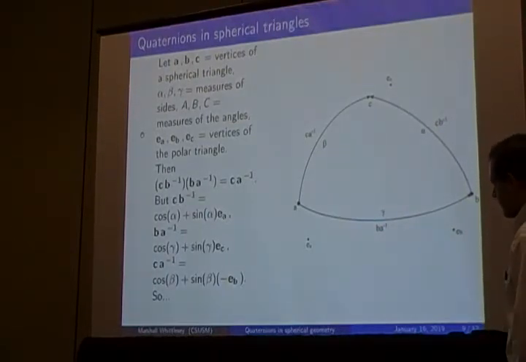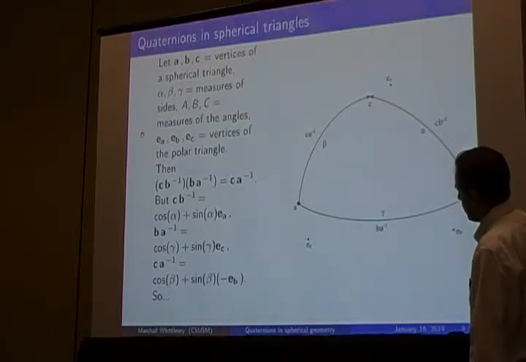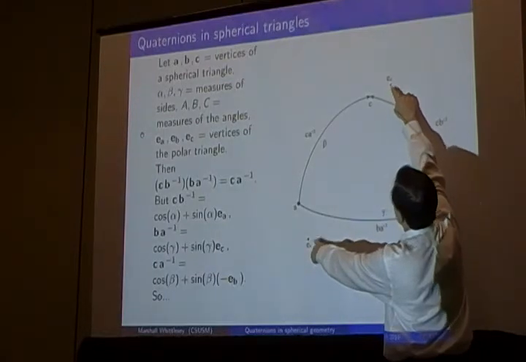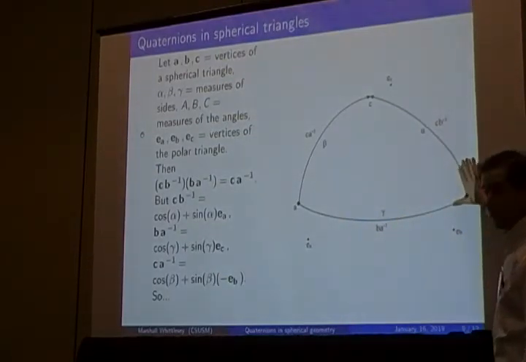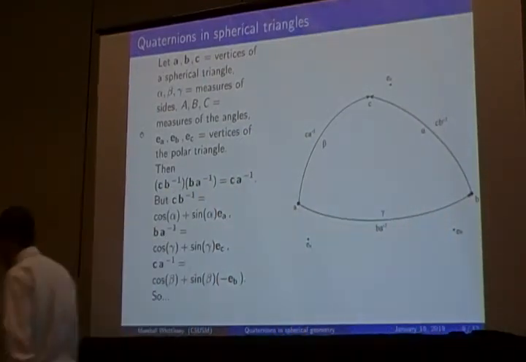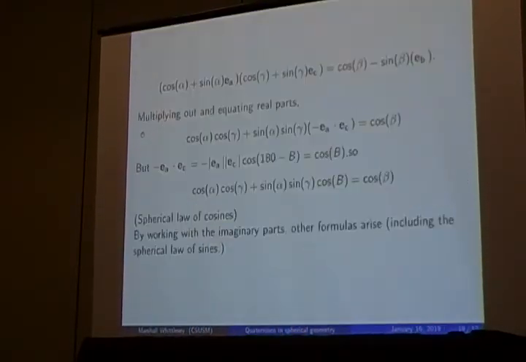And it's a key property, not difficult to prove with a little bit of geometry, that the angle between two of these poles is the supplement of this angle right here. So when I take the dot product in the next page of a couple of those poles, the EA dot EC turns out to be just the cosine of the supplement of the angle at B. Using that, what falls out is known as the spherical law of cosines.